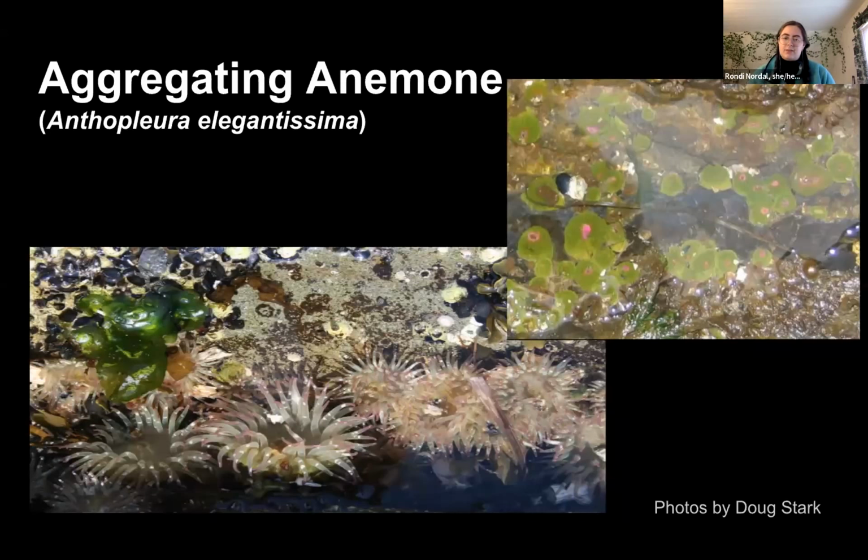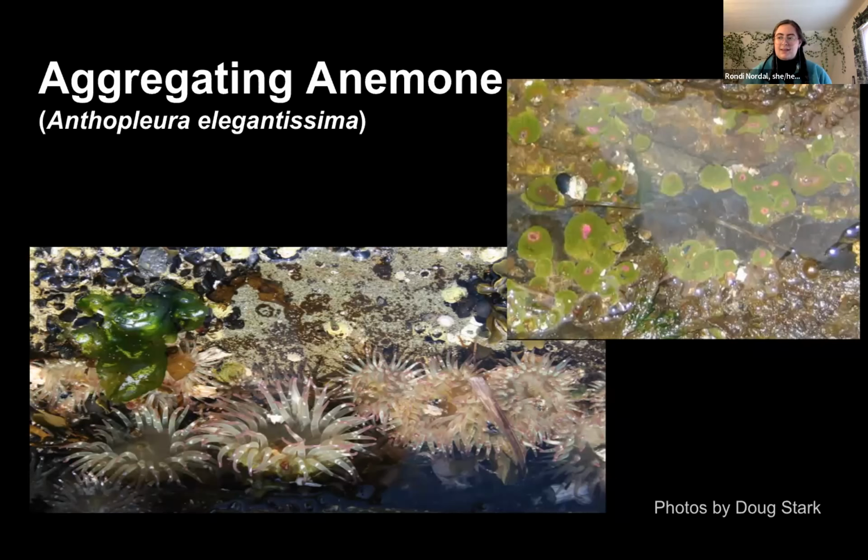Next up, I'll be talking about aggregating anemones. They're really fun. And we count them as percent cover because they can occur very prolifically in certain areas to where it's very difficult to count each one. They come in huge masses on rocks or in sand, and they reproduce by splitting themselves in half to create clones.